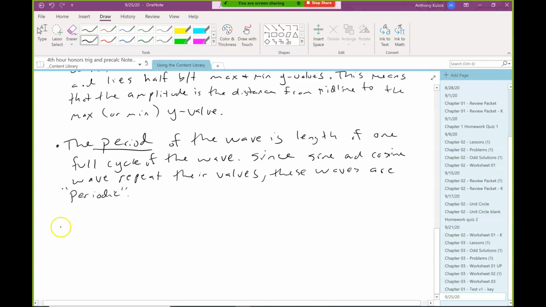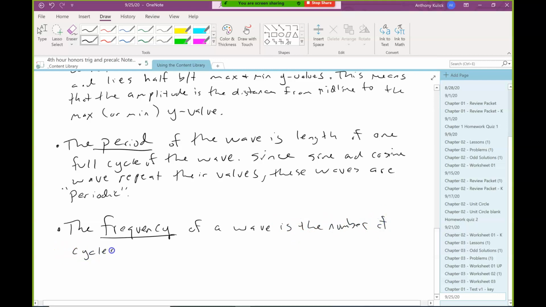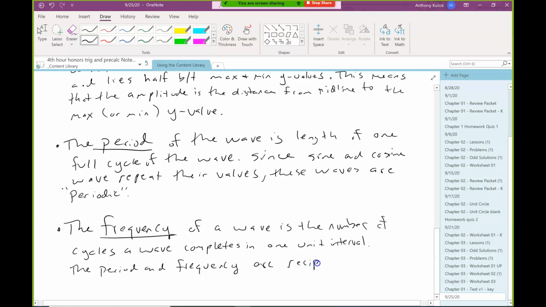Okay, and then the last one is frequency. The frequency of a wave is the number of cycles a wave completes in 1 unit time.